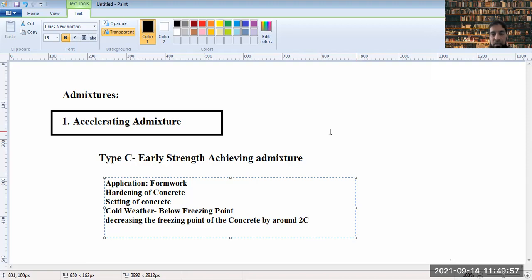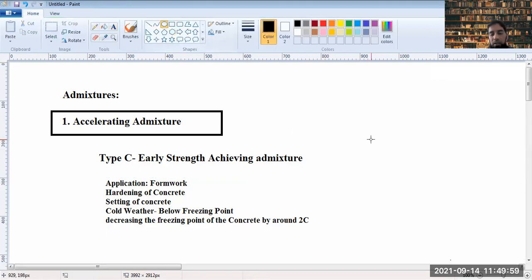And what I was discussing last time, when you have concrete, there are water particles which are getting trapped in between, and they get frozen if it's cold weather. So that will not be available for hydration. So the hydration processes will not happen within the designated 10 hours.